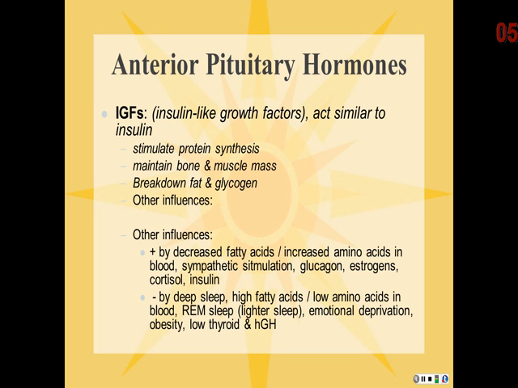Their production is stimulated by decreased levels of fatty acids and increased amino acids in the blood, by sympathetic stimulation, glucagon, estrogens, cortisol, and insulin. Their production is inhibited by deep sleep, high levels of fatty acids and low amino acids in the blood, REM or lighter sleep, emotional deprivation, obesity, low thyroid, and higher levels of HGH.